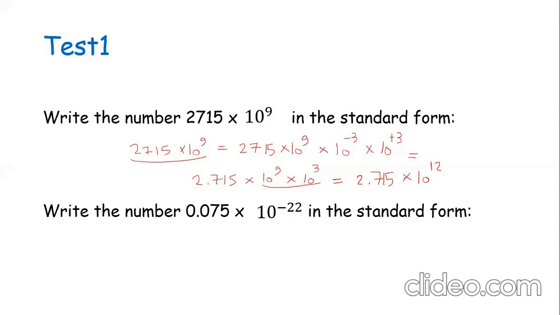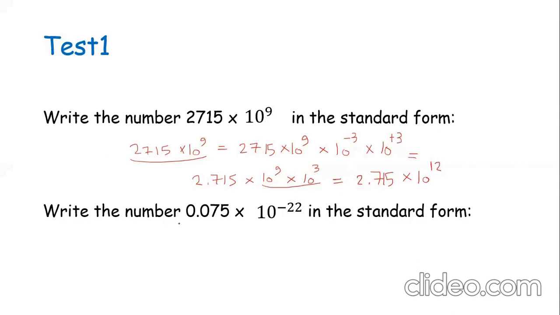We can perform it manually, but as we shall see, this is performed easily by adding the powers of 10. So we get 9 plus 3 equals 12. So this is the standard form.